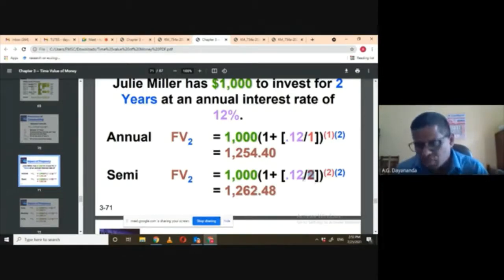So we get the 6-month interest: when you divide 12% by 2, you get 6%. And even though you get interest 2 times a year, for 2 years, the power is 4 in the semi-annual case. So your total value of the investment would be 1,262.